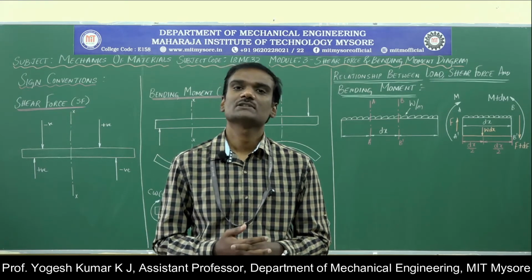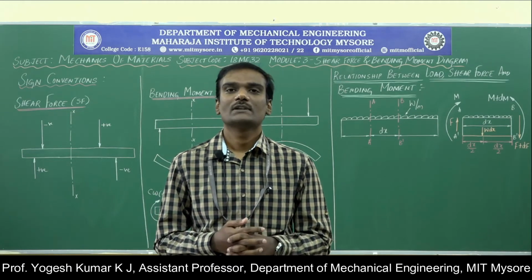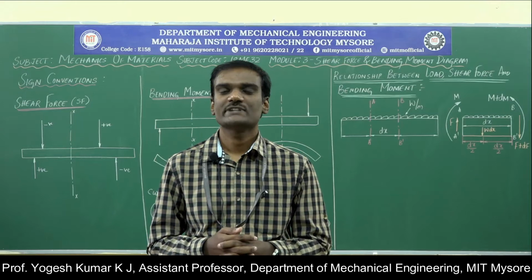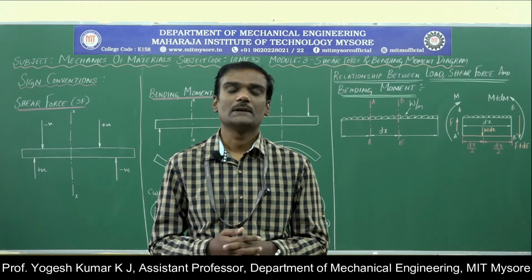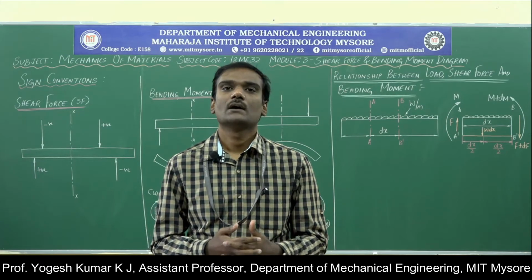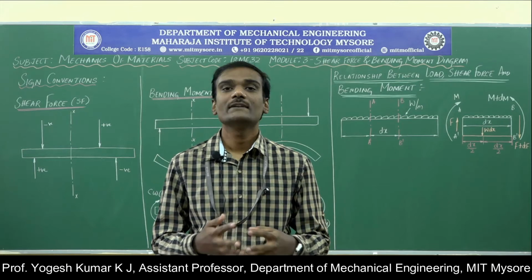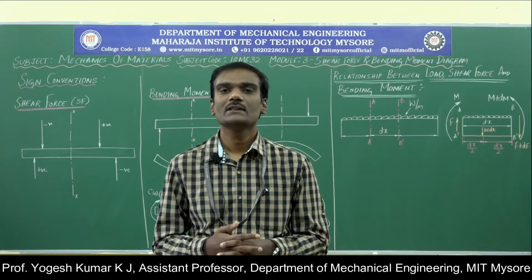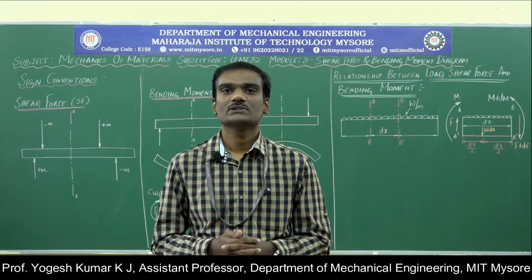The sign conventions are a very important part while solving the problems of shear force and bending moments, or while solving problems on beams in general. These sign conventions are essential when we are going to deal with the equilibrium equations. As I told, there are a few equilibrium equations available.